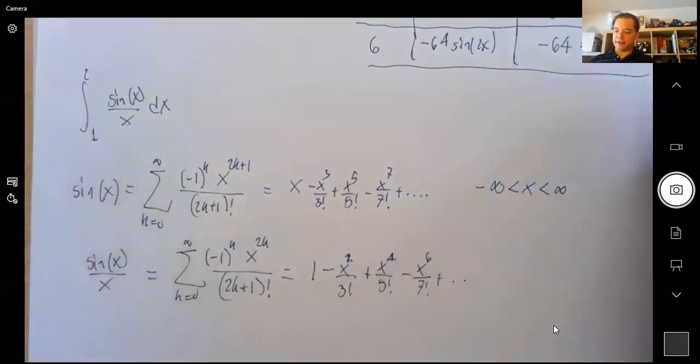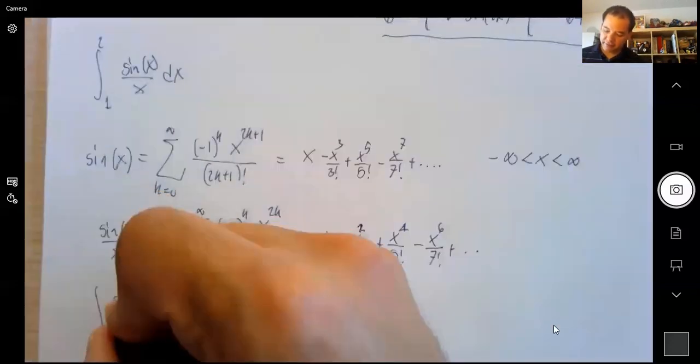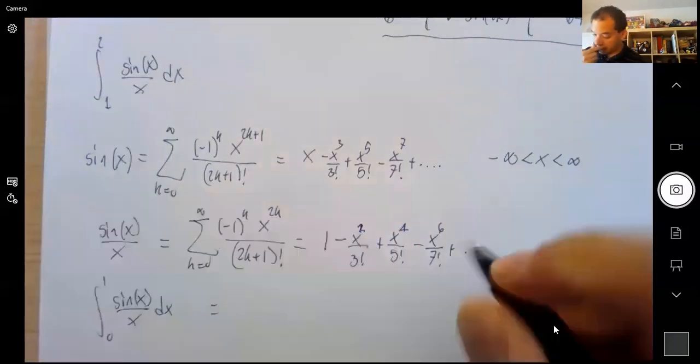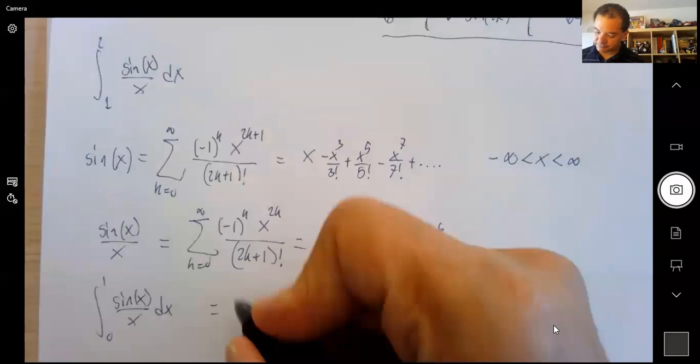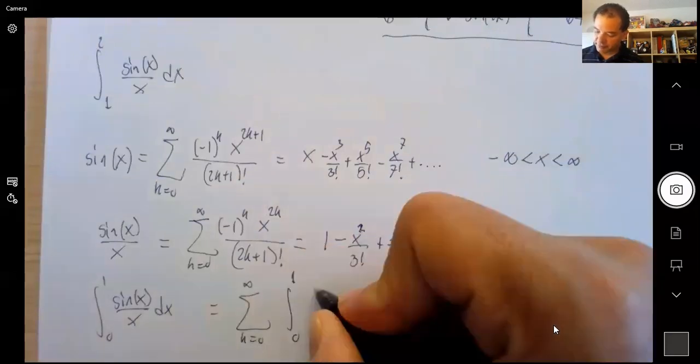And the good thing is that now we can integrate. If we integrate sine x over x from 0 to 1, we can simply integrate term by term. It will be the integral from 0 to 1, term by term, of these.